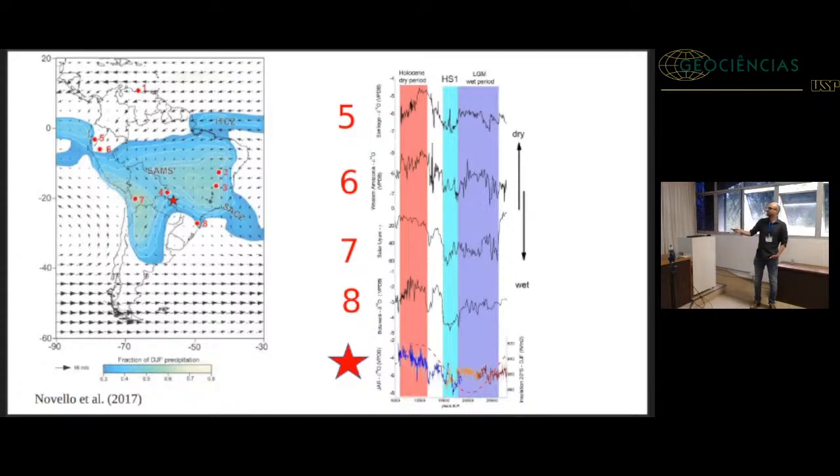But there's also an independent proxy here, point 7, which is not a stalagmite, it's a salar dune in Bolivia, where they have this proxy with alpha content in the salar, which is also a proxy for hydrology. They also showed glacial wet and Holocene dry. So our proxy δ18O was quite consistent, so we did not have much doubt about the δ18O. We're trying to understand what happened to δ13C.